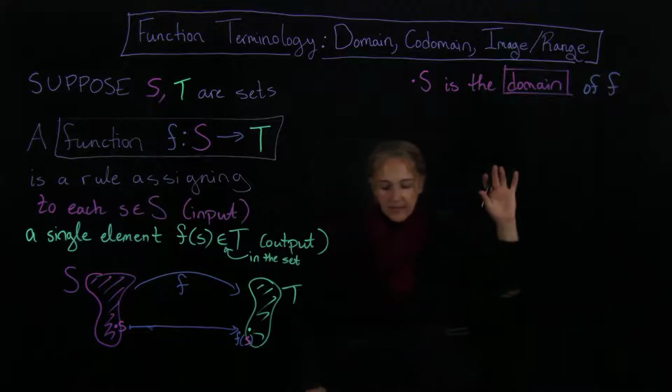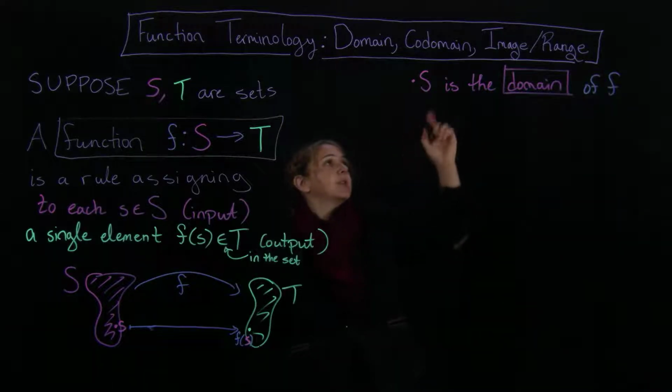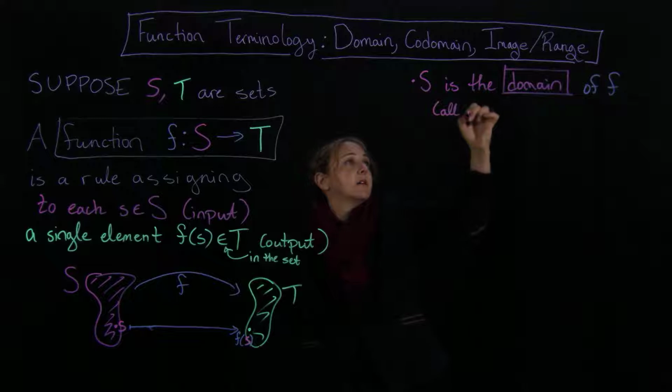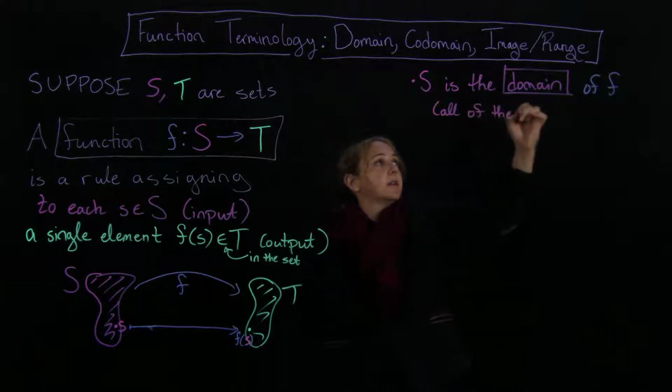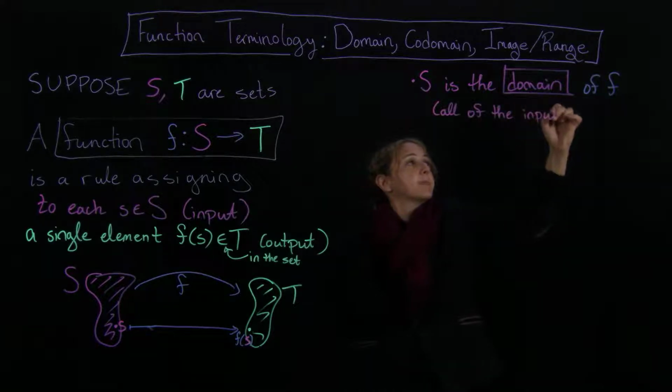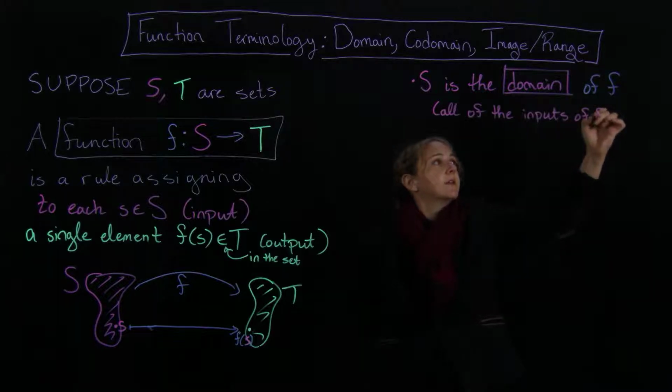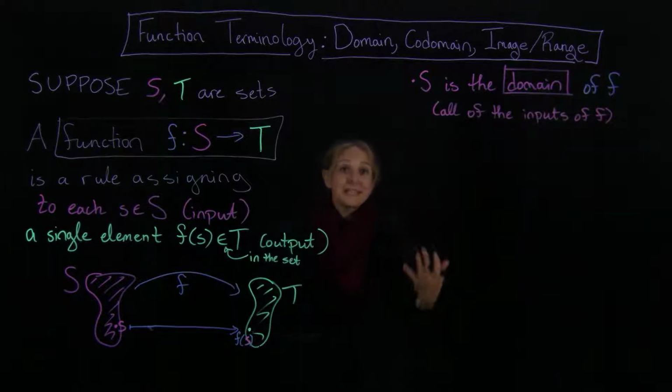So this is all of the inputs of f. They're all of the inputs that make sense, right?